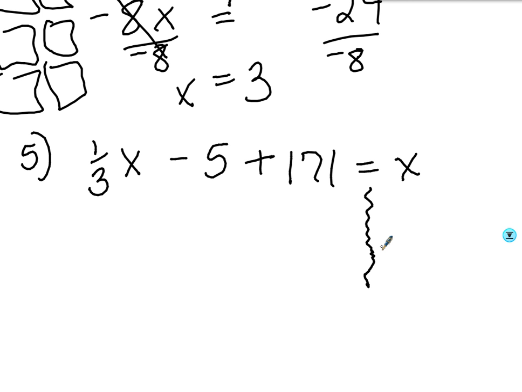Alright, Atif, take a look on the left-hand side. I need to clean up some stuff. Alright, simplify. Combine like terms. He said negative 5 plus 171. Put them together. When we put it together, what do we get? Negative or positive?